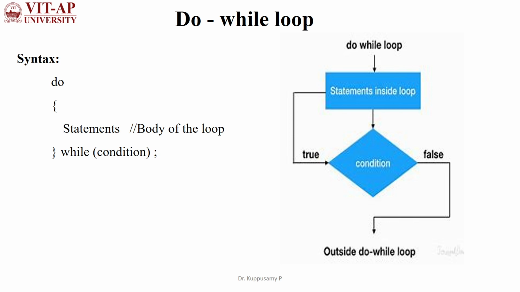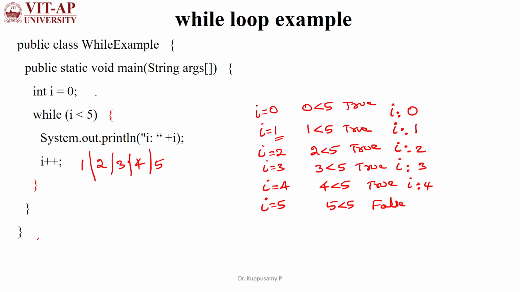The next one is the do while loop. Here first it will execute the statements which are available inside the block, then it will check the condition based on the while keyword. In the previous example, the condition is checked first, so during the entry itself the condition will be checked, and only if it is true, the block of statements will execute.